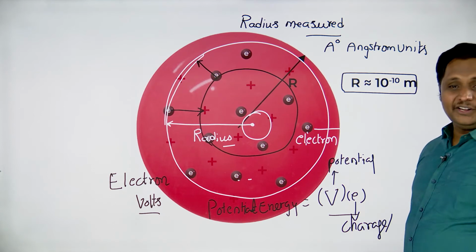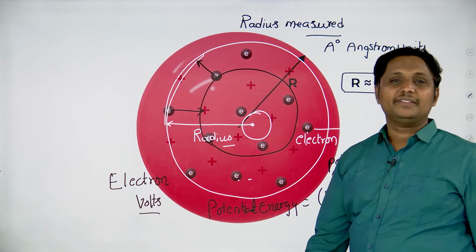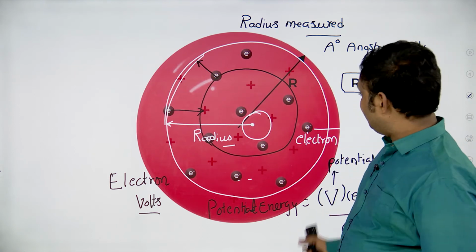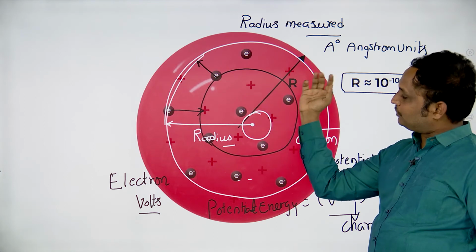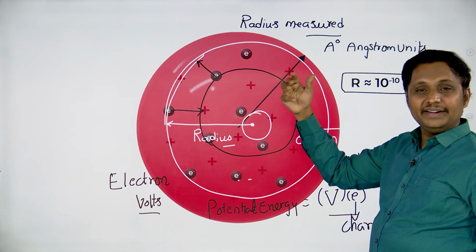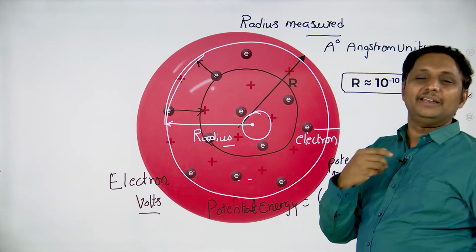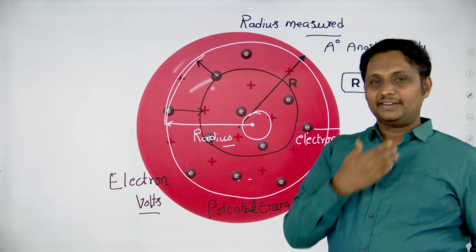We can measure the different parameters, the different derived quantities with the help of this microscopic phenomenon. When an electron is going to excite or de-excite, the minimum amount of energy required by that electron is expressed in terms of electron volts. All right, it's very clear.